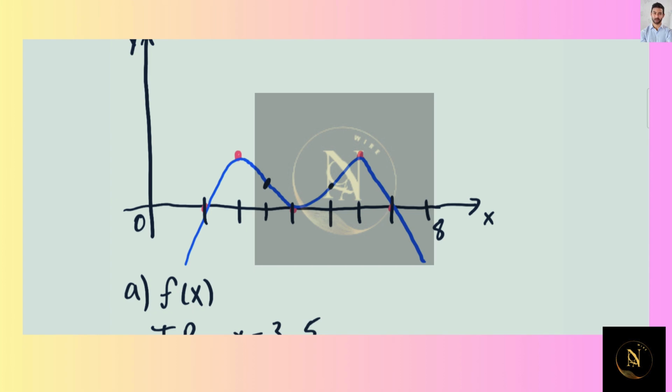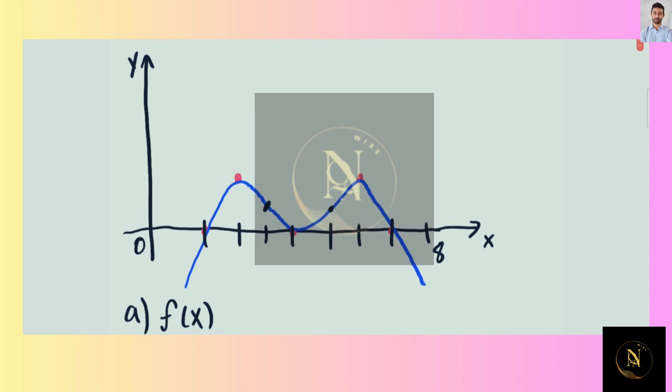And the reason for that is because we're going to be having zeros for the derivative of our derivative of f of x, or for our second derivative at these maximum and minimum values. And we're also going to be going from positive to negative, or negative to positive, in terms of our second derivative at these maximum and minimum values.